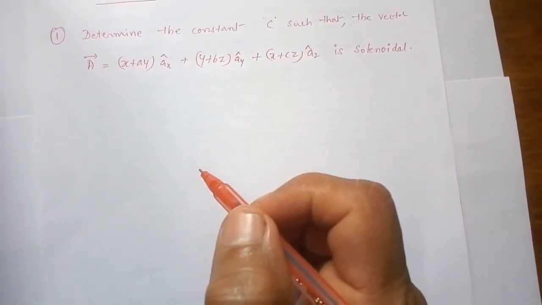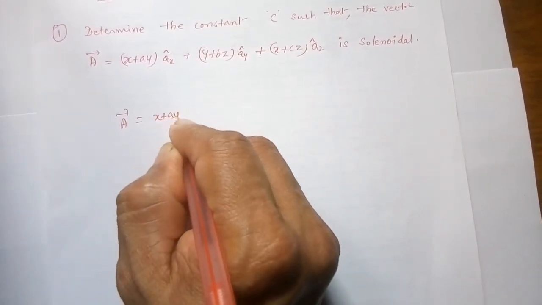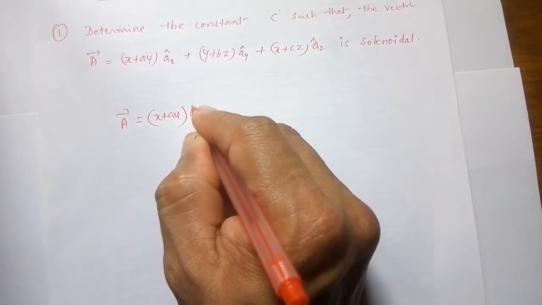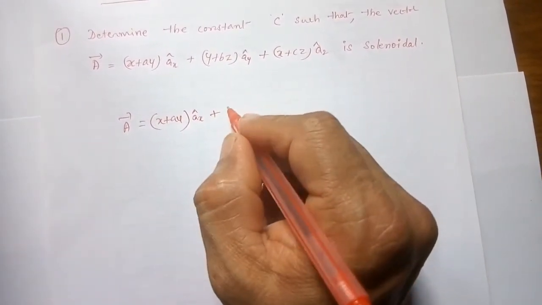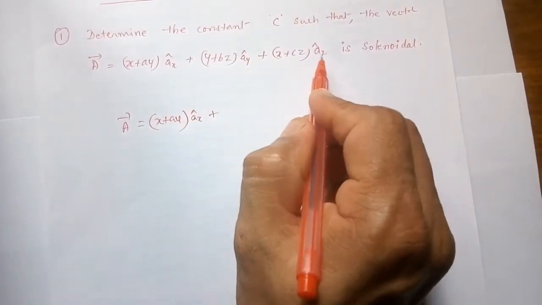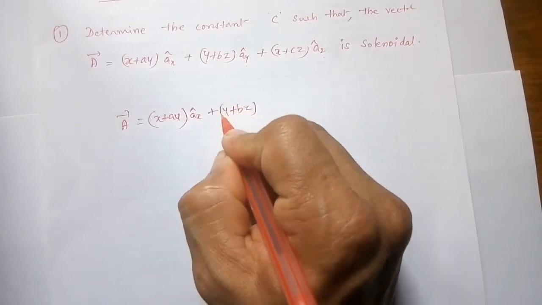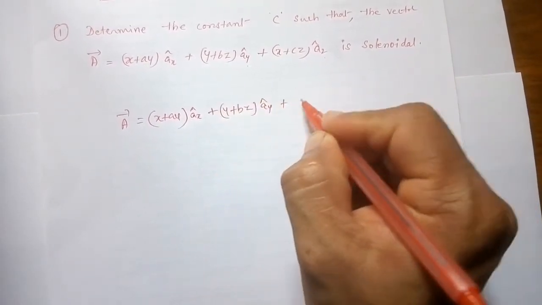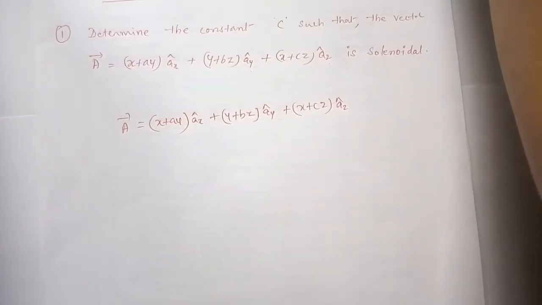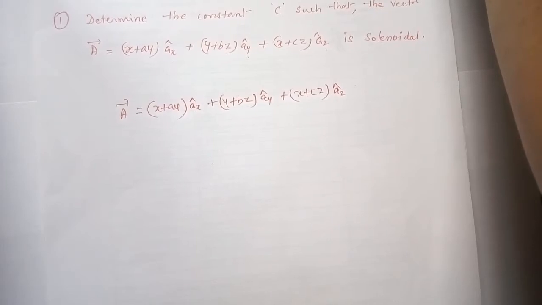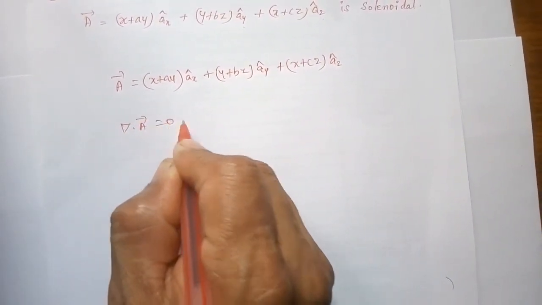The given vector A is (x + ay) unit vector ax cap. Sometimes it is written as i cap, which is one and the same. Instead of ax cap, ay cap, az cap, it is written as i cap, j cap, k cap, so don't get confused. So A = (x + ay) ax cap + (y + bz) ay cap + (x + cz) az cap. As I told, the divergence del dot A is equal to 0.